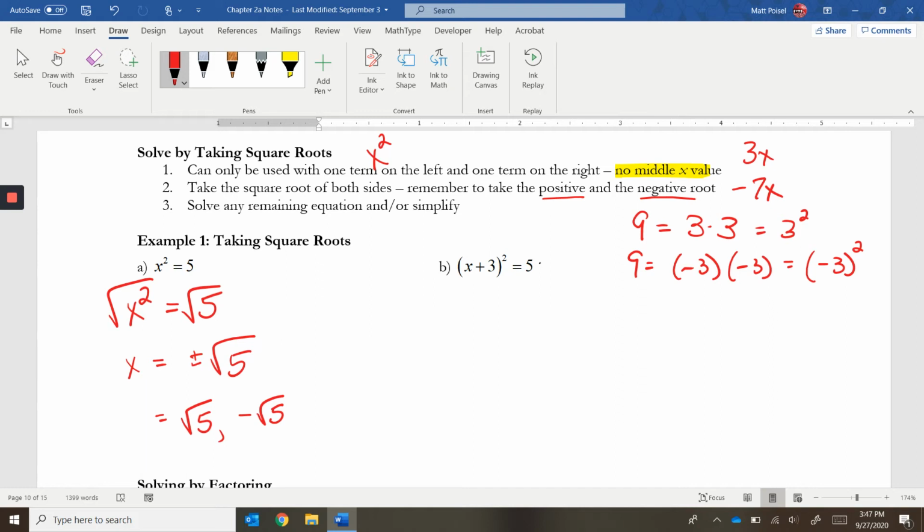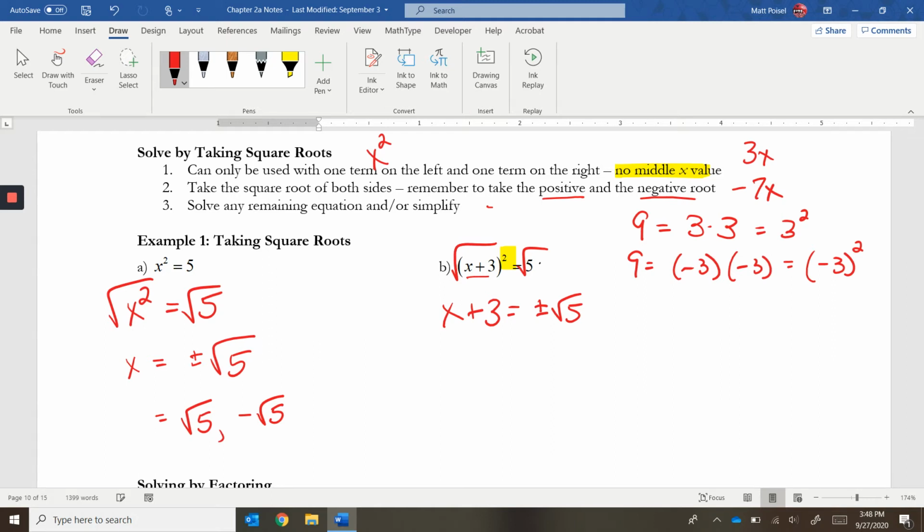Our example 1b is really similar. We do have this x plus 3 part here, but because it's being squared, this is really the same type of problem. So I'm just going to take the square root of both sides. Okay, and now the square root of a square just gives us x plus 3. And then over here on the right side, we do get plus or minus square root of 5. Now, we are trying to solve this problem for x.